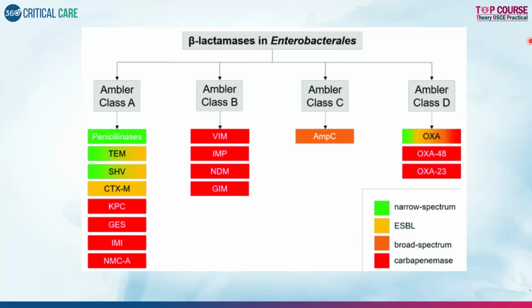Class A usually consists of penicillinases like TEM, SHV and CTX-M, along with other enzymes like KPC. Class B has NDM, which is the commonest that we are seeing, along with IMP and VIM, which are growing right now. Class C has the AmpC group of organisms, and OXA or oxacillinases are present mostly in class D.